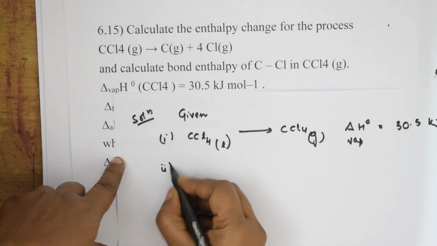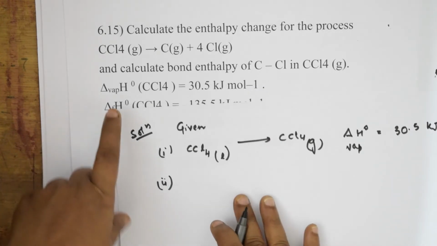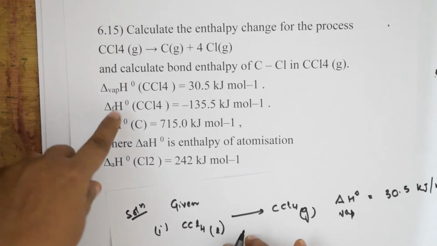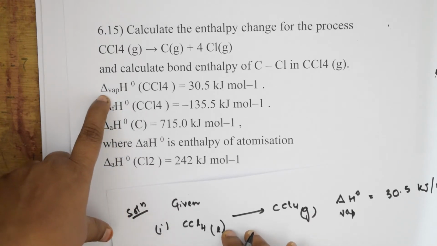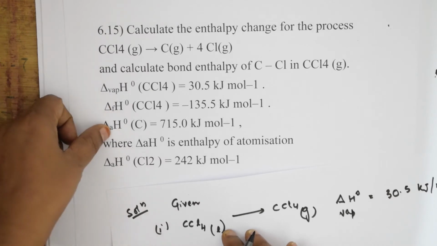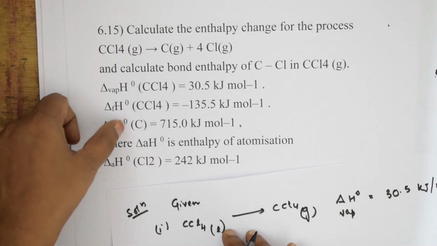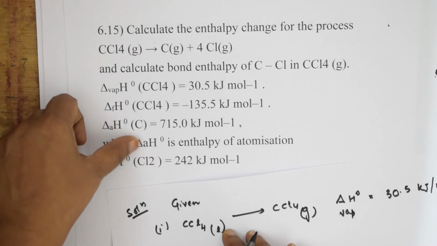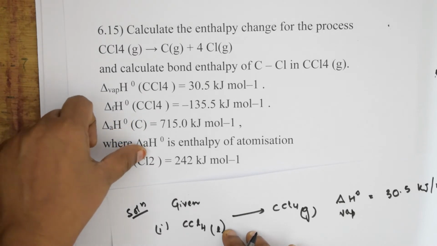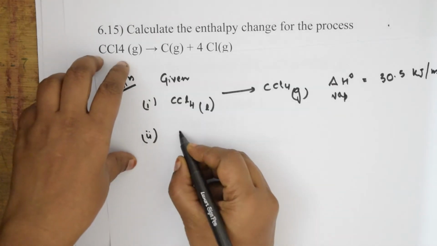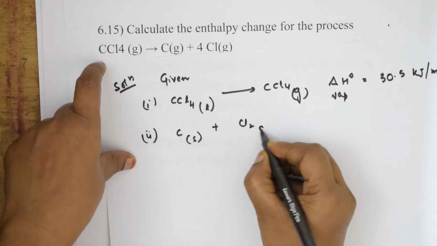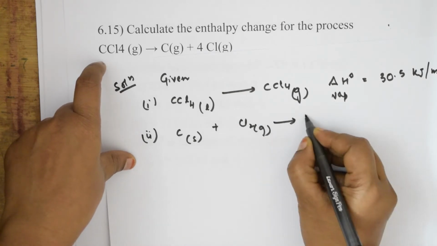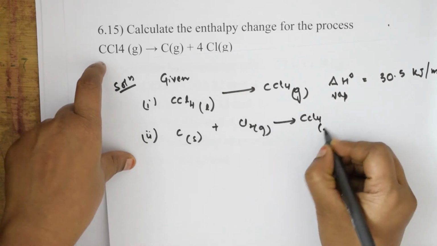Now let us go to the next reaction. After vaporization, which I've used, they also gave the atomization of chlorine. So the second reaction is carbon solid combining with chlorine gaseous, giving CCl4 liquid.